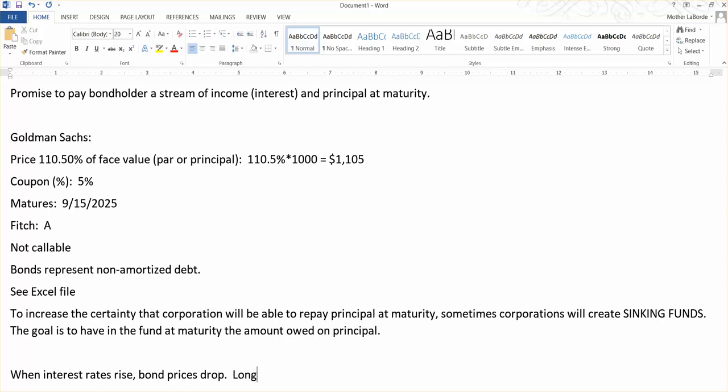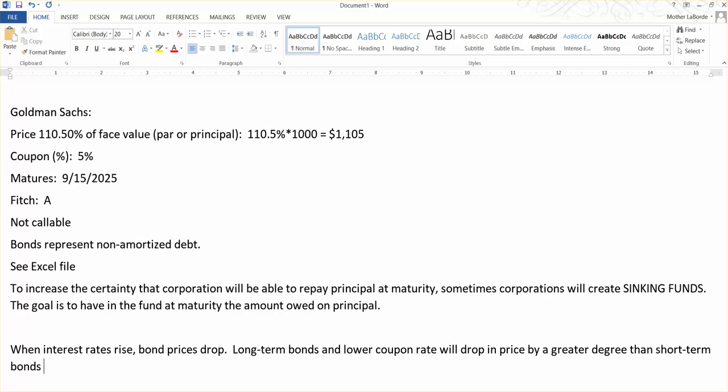Bonds that have a longer term to maturity and a lower coupon rate will drop more in price, by a greater degree, than shorter term bonds or higher coupon bonds.